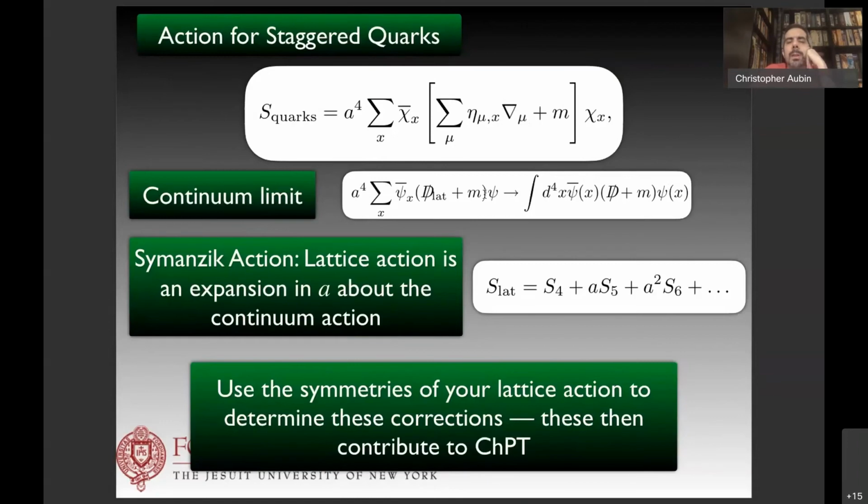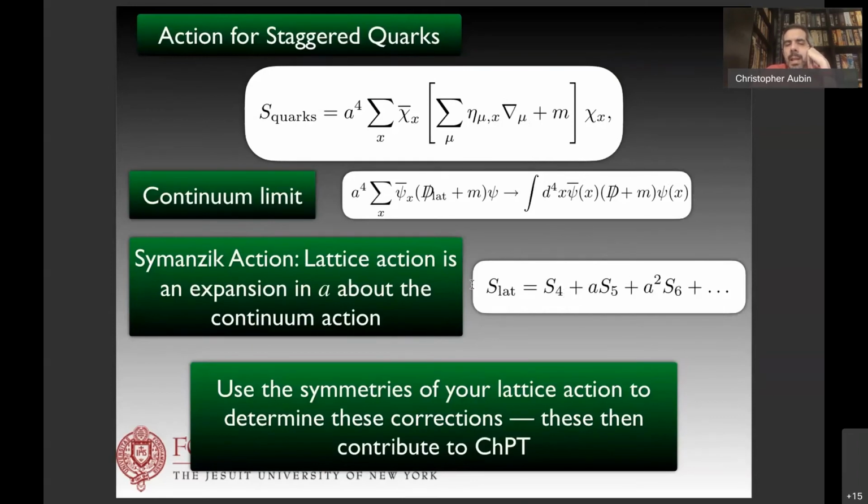And what we can do is use the fact that the lattice action, this S lat, this S quarks, can be thought of as, or can be expanded about, the continuum action. So this S4 is this guy right here. And it's like a power series in the lattice spacing.